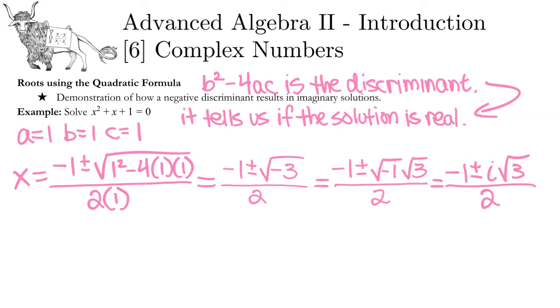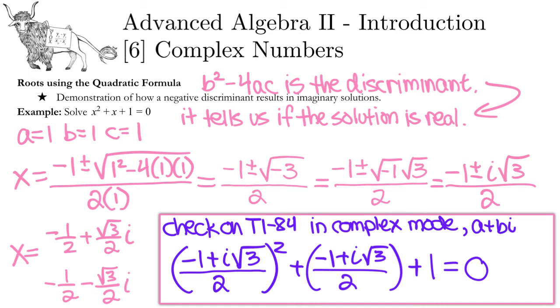We can also write those solutions as -1/2 plus root 3 over 2 times i, and -1/2 minus root 3 over 2 times i. The next thing we'll do is check these answers on the TI-84 graphing calculator.